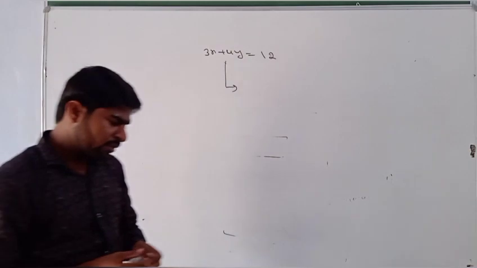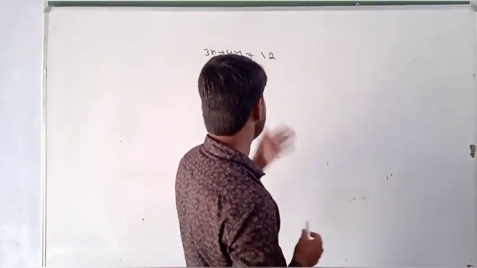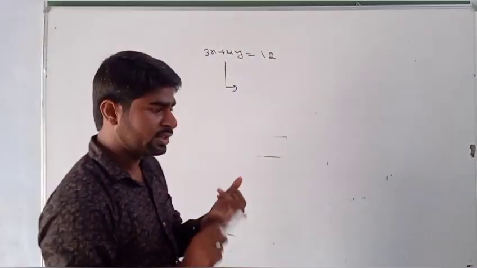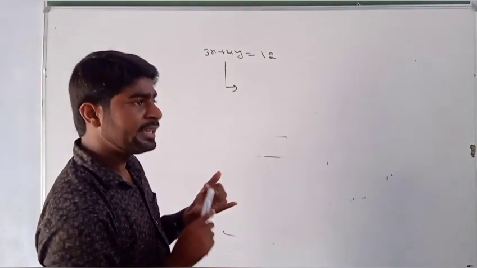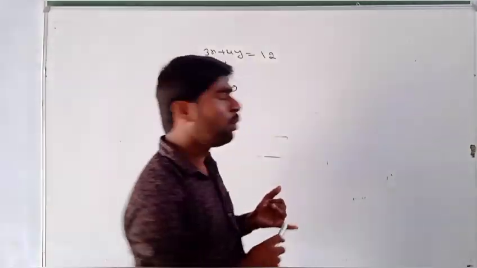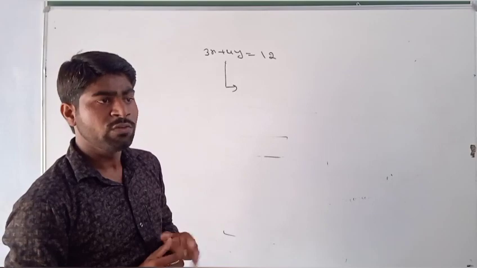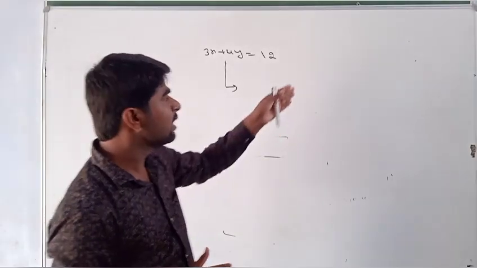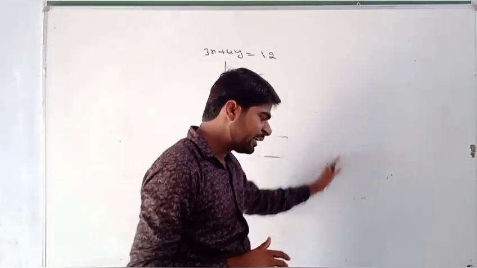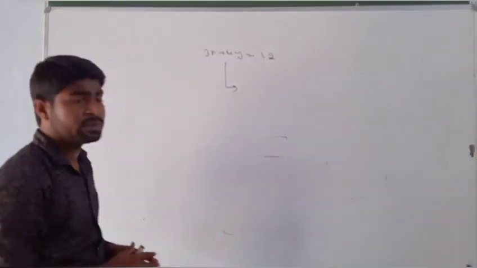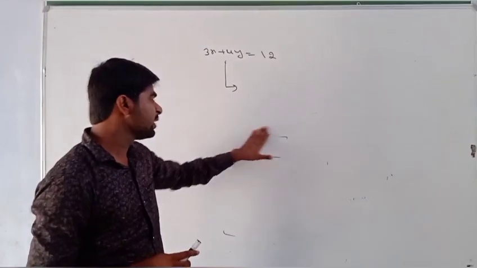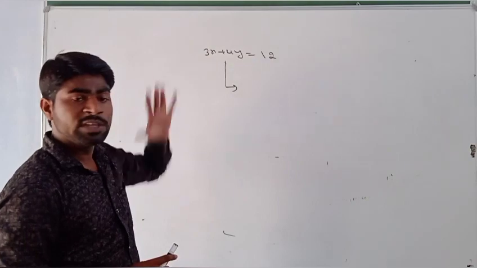You know, for slope you need either an angle or two points, but both things are not there. So what will you do? You will recall the different types of equations, and which type can give you the slope from the general equation.